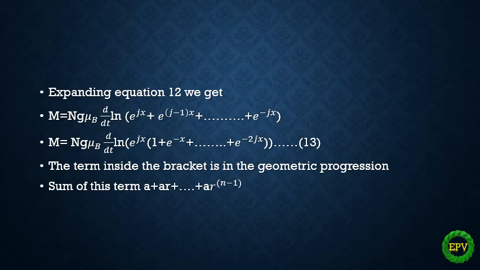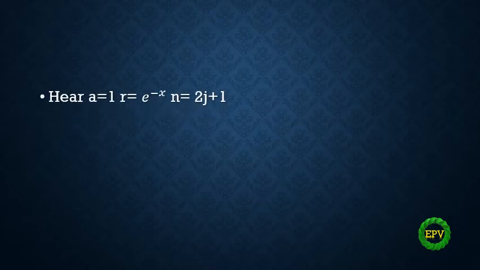We know that the geometrical progression summation can be expressed as a into 1 minus r raised to n divided by 1 minus r. Comparing these two equations, we get a equal to 1, r equal to e raised to minus x, and n equal to 2j plus 1.